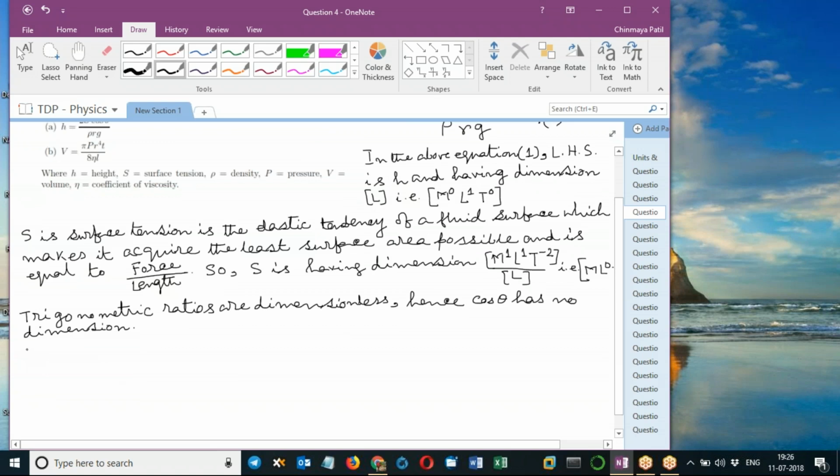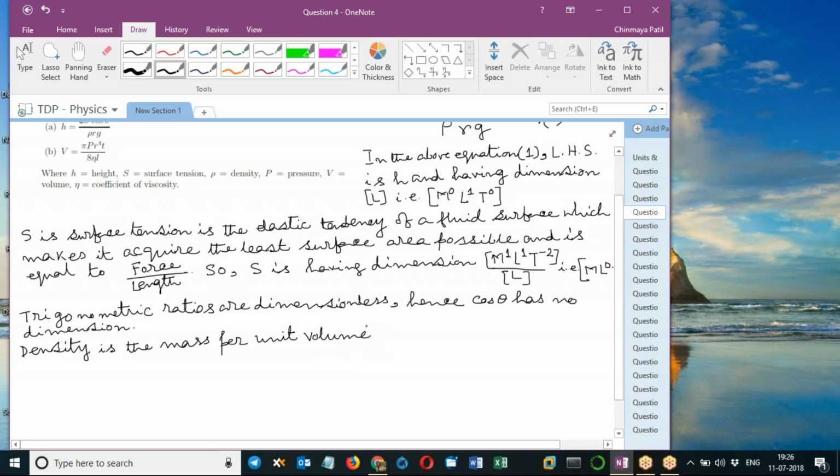Exactly. So we can write here: density is the mass per unit volume. Rho is density, correct.